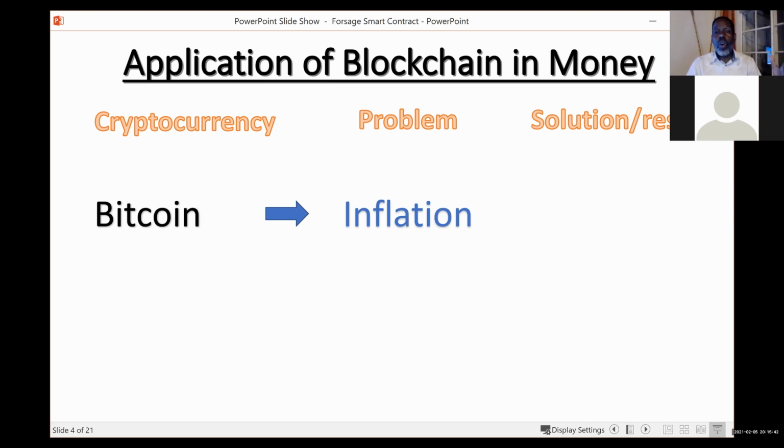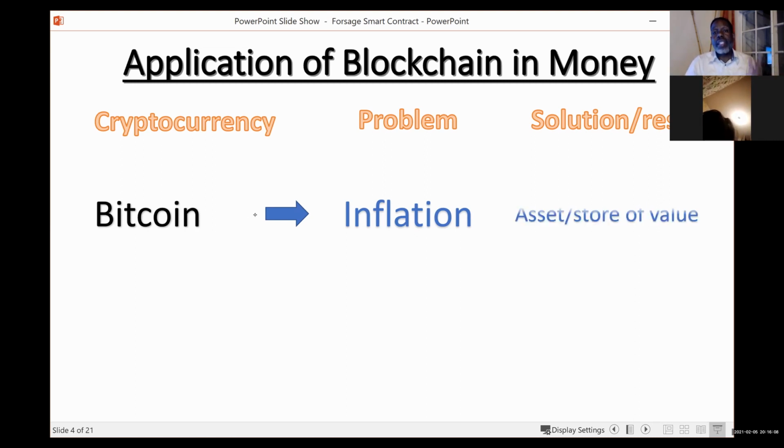Now, how does Bitcoin make sure that the value of Bitcoin will always go up? Because there is a limited supply of Bitcoins. There will only be 21 million Bitcoins that will ever be produced. And as more people are using Bitcoin, the supply is limited and always coming down. So what does that portend?